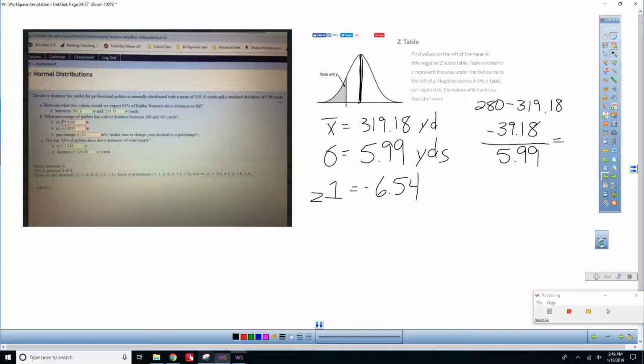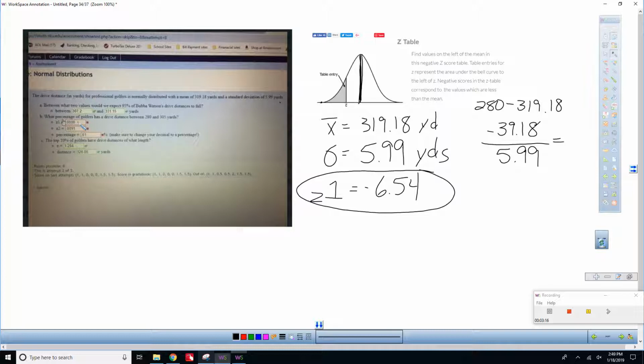So that means that data point is literally right here, and that means everybody hits it further than that on the tour. So the first z-score you put was 0. I think we're maybe putting the percent of people that fall below that, okay?